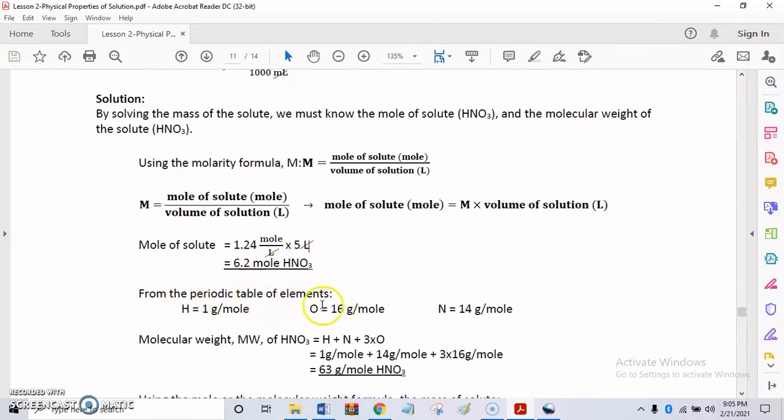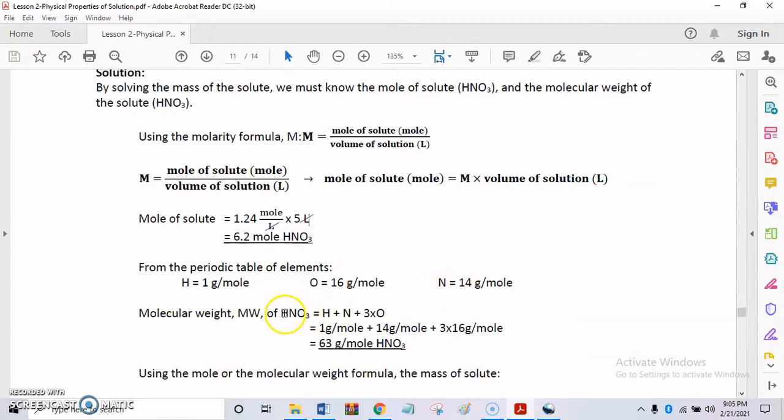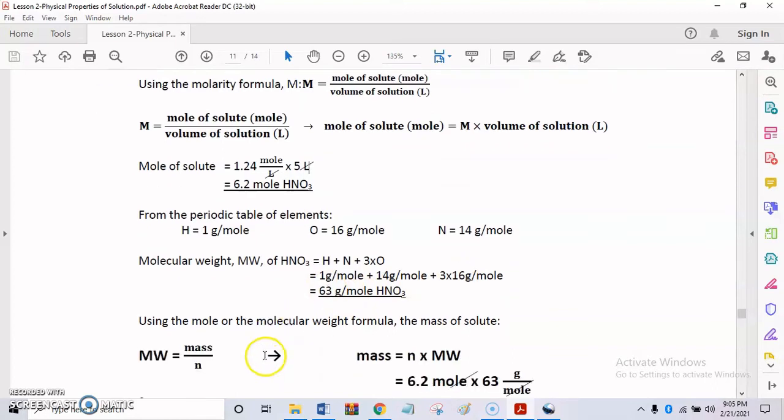From the periodic table of elements, hydrogen is 1 gram per mole, oxygen 16 gram per mole, and nitrogen 14 gram per mole. The molecular weight of nitric acid is 1 hydrogen, 1 nitrogen, and 3 oxygen. So, 1 plus 14 plus 3 times 16, which is 63 gram per mole.